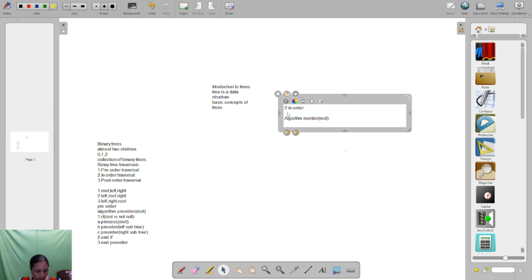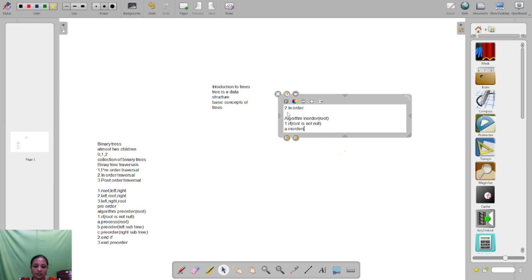First we check if root is not null. So root is not null. If this condition is true, then we go to process in order.